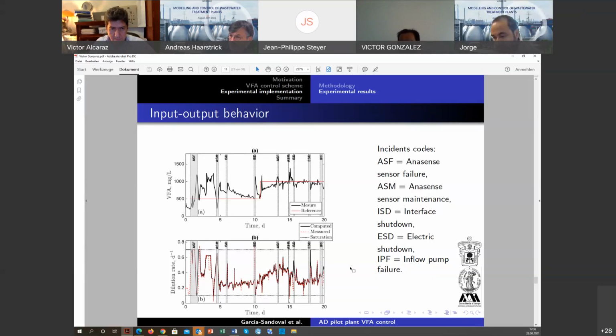This is typical in control engineering. So we need to check if the controller adapts to set point changes. As you can see, it reaches the set point satisfactorily. Next, please.